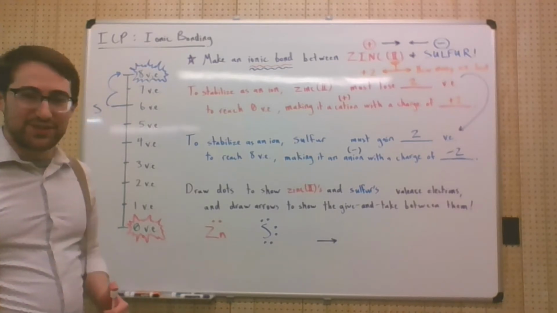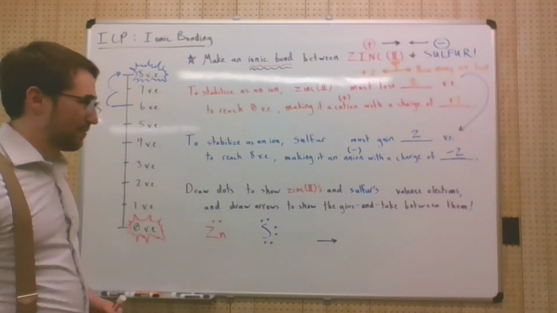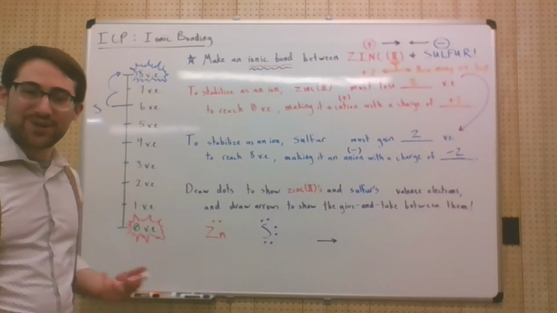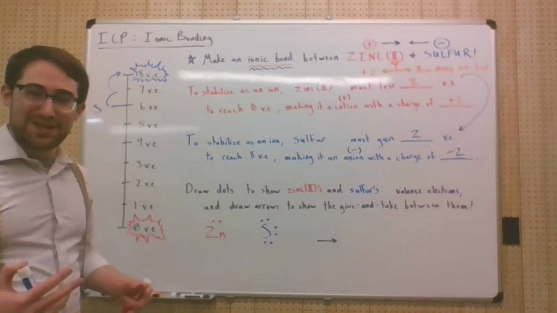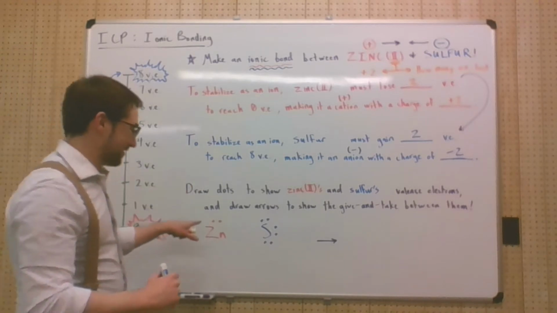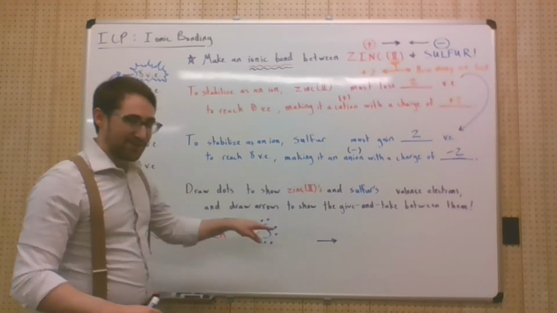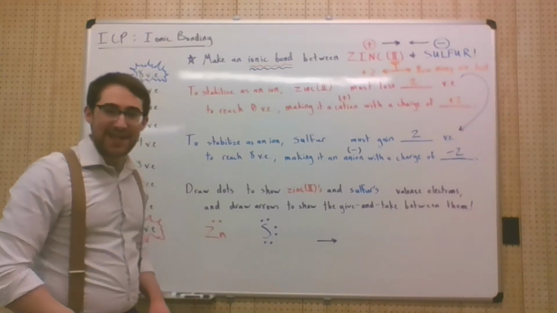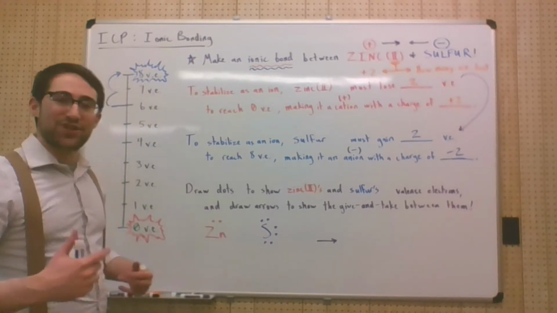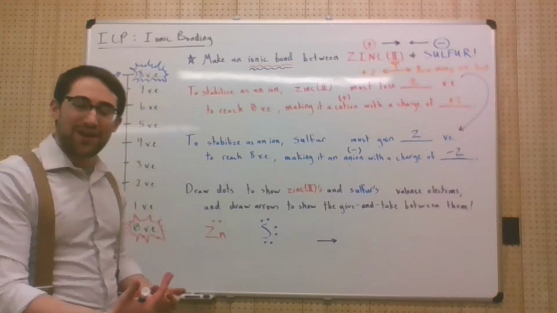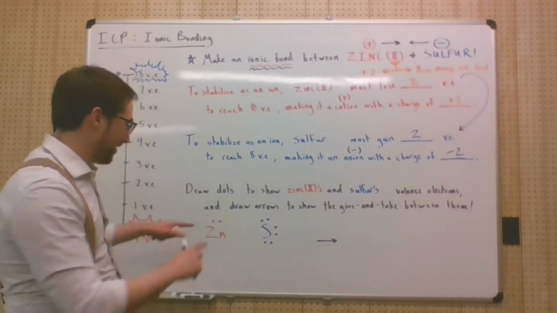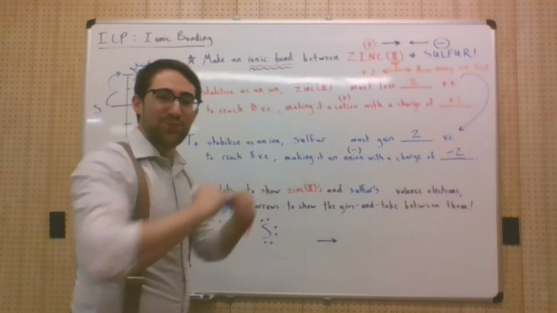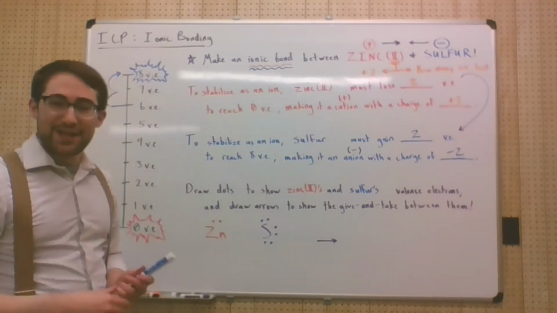We want our zinc to give up both of those electrons, and we want sulfur to take 2 electrons. Well, this is kind of like with sodium and chlorine. It's a match made, perfectly, where zinc can give up its 2 electrons to the sulfur. This needs to lose 2, this needs to gain 2. Okay? So we can trade more than 1 electron to the same element. Not only can we kind of split where those electrons go, we can also send multiple at a time. And that's exactly what's going to happen here.